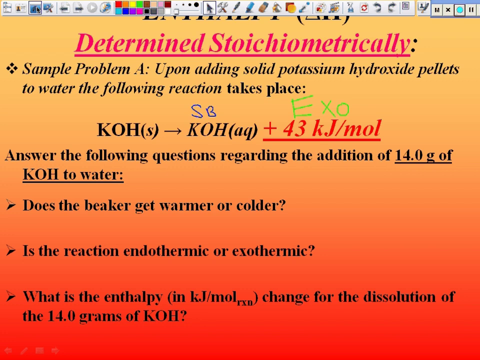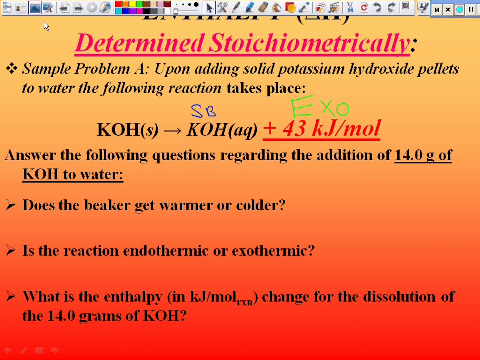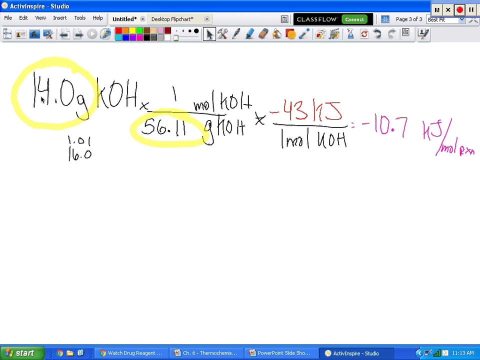For the change in the dissolution of 14 grams of potassium, so that's this whole thing. No. This is how much 1 mole gives off. So we started with less than 1 mole. We started with 14. So that's why 56 and 43 are related. But 14 is related to 10.7.